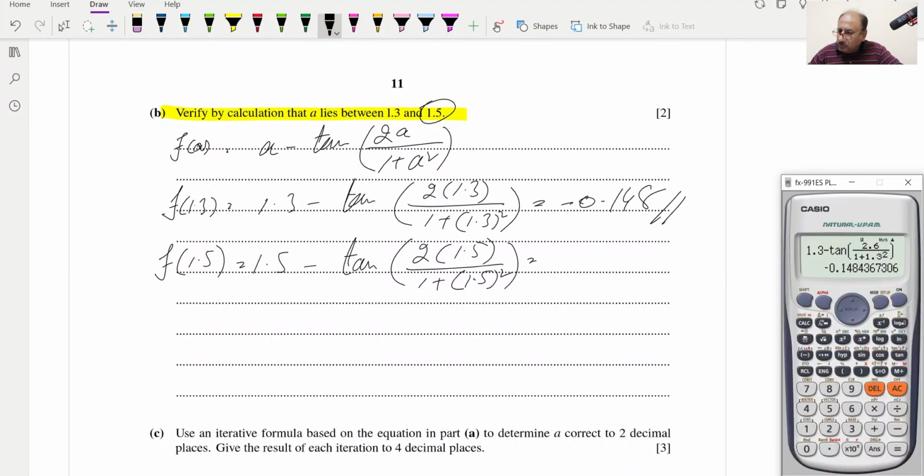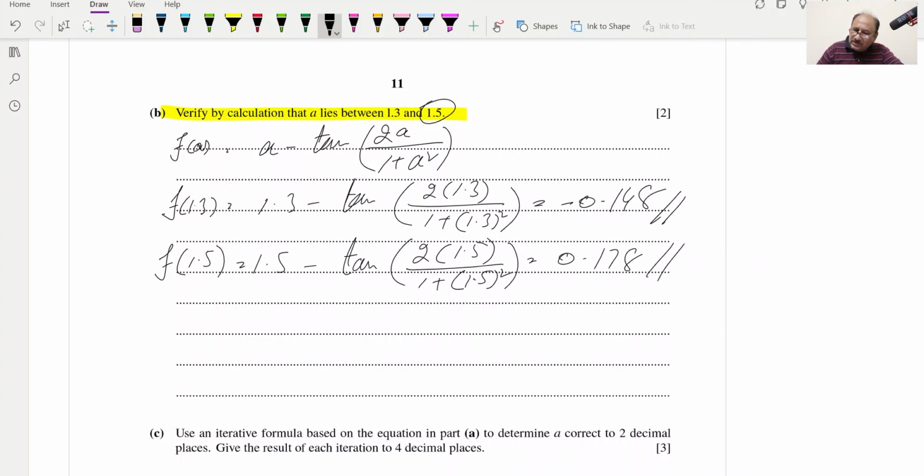We change 1.3 to 1.5, so this one also should be 1.5, and this will be 0.178.